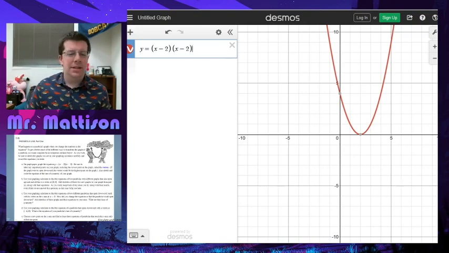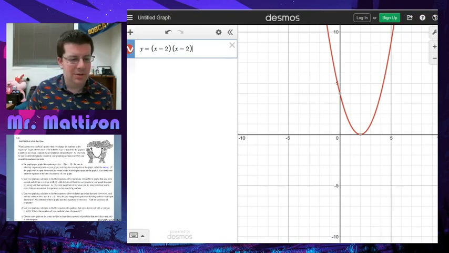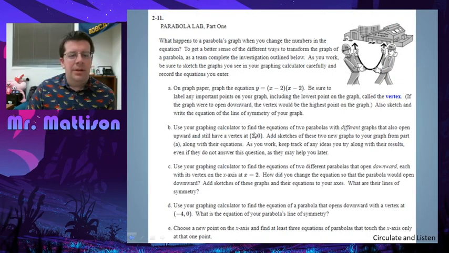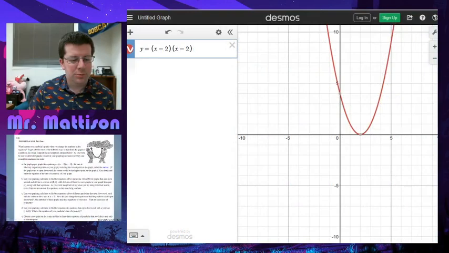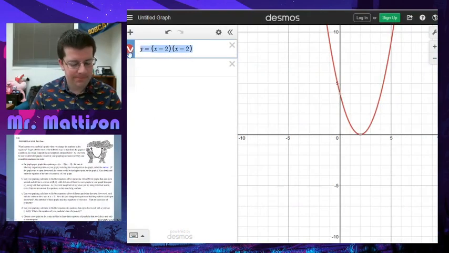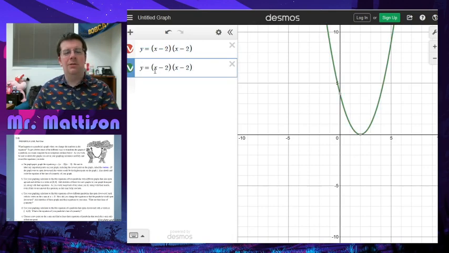The next thing that it asks us to do is find equations of two parabolas with different graphs that also open upward and still have a vertex at (2, 0). What you hopefully found as a way to do that was, if I take the same equation, I'll leave that red one there as a point of reference.